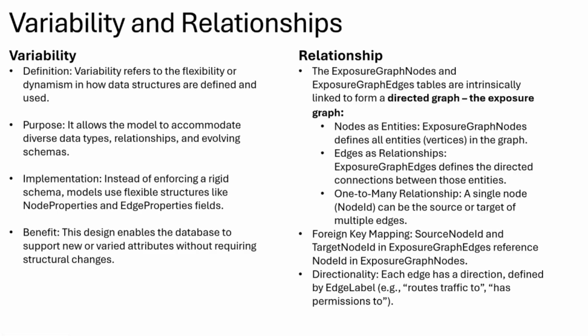Okay, so both nodes and edge tables form a directed graph. That's important, where the node ID will serve as the linkage. So the linking fields are the source node ID and the target node ID. Okay, you will see that frequently we use the join statement in order to connect those tables to gain the full context.